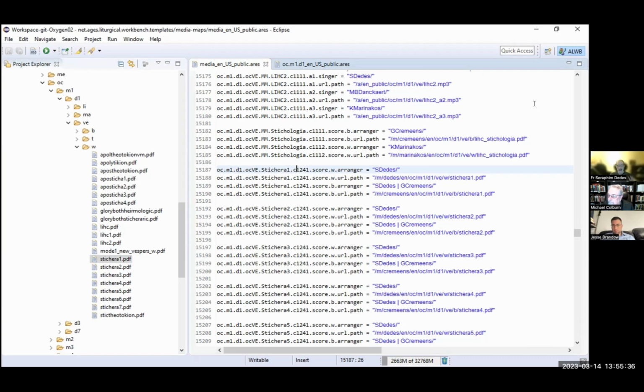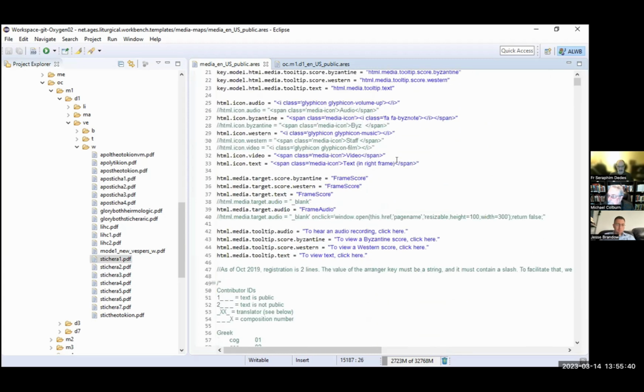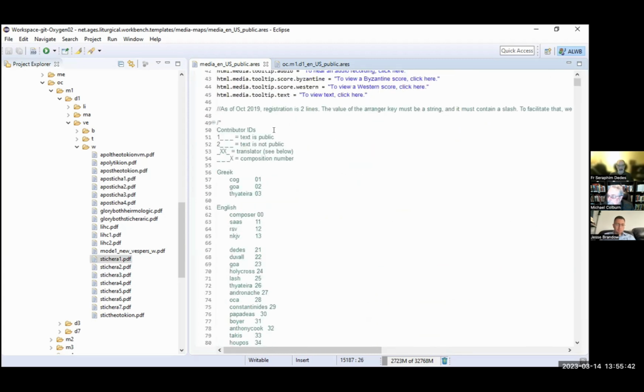So, here we go, Contributor IDs. 1 means it's public, 2 means it's not public. Do you understand that? This isn't essential, but it's how the information you see is organized.